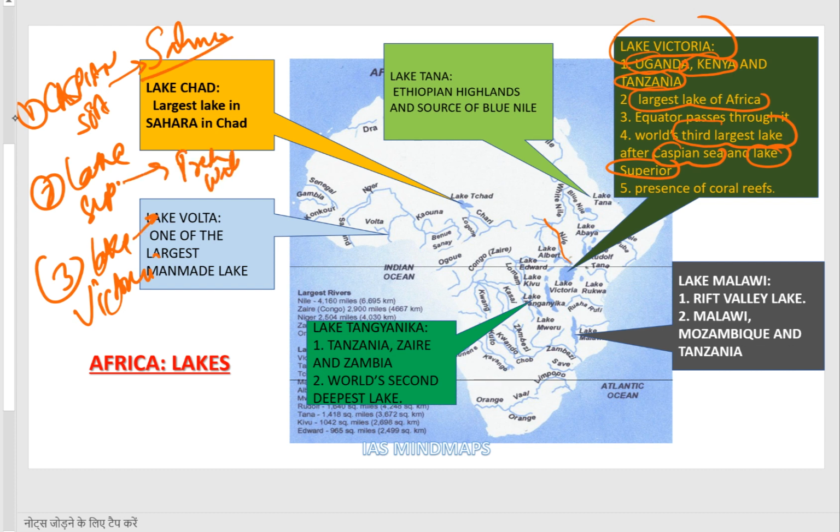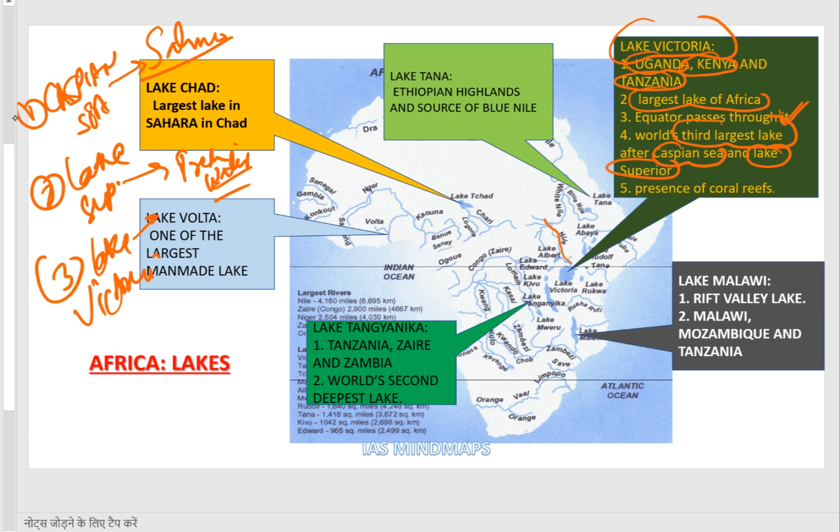So that makes Lake Victoria the 2nd largest freshwater lake of the world. I repeat, Lake Victoria is the 2nd largest freshwater lake of the world, while it is the 3rd largest lake of the world. And equator cuts across Lake Victoria. This is another important point.